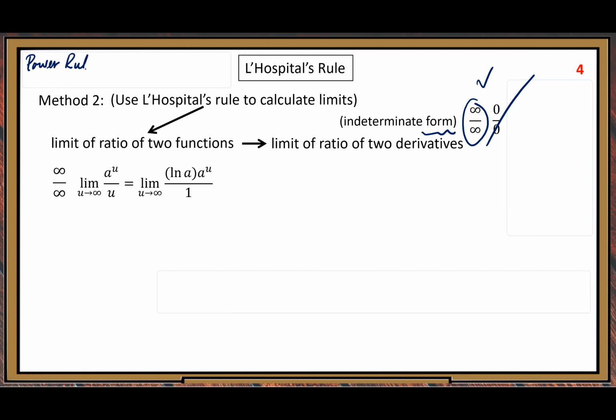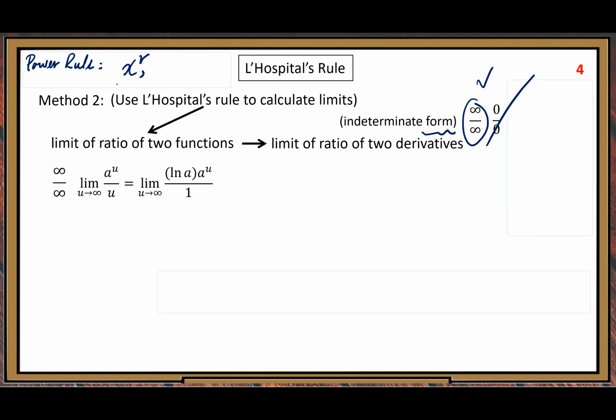Power rule for derivatives: when you have a power function x to the r, but here this exponent r is not necessarily an integer, it can be any real number.